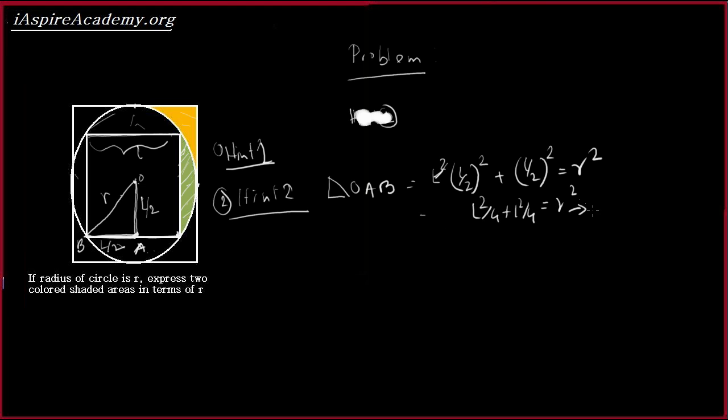So R square equals L square by 2, and L equals root 2 R. So we have expressed the side of the square in terms of R.